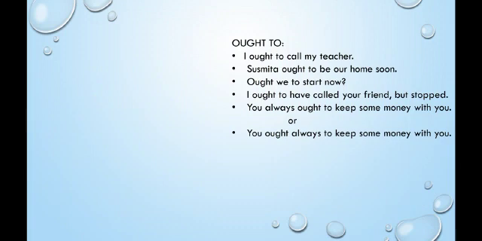And ought to is the unique modal verb, because every modal verb doesn't take to after it, but ought to every time takes to after it and then the infinitive. Like we should go. So we are not using any to here. But if I say that we ought to go, then to is here before the verb.